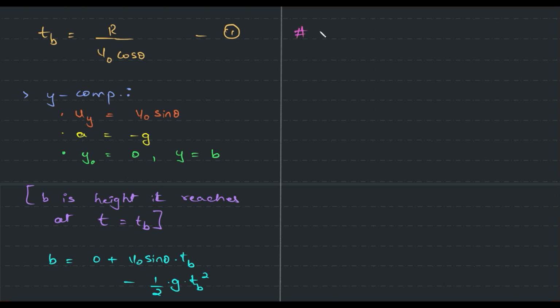So that's our expression for B. Now let's figure out A, the fruit. So we are trying to figure out the position of the fruit at t is equal to TB.